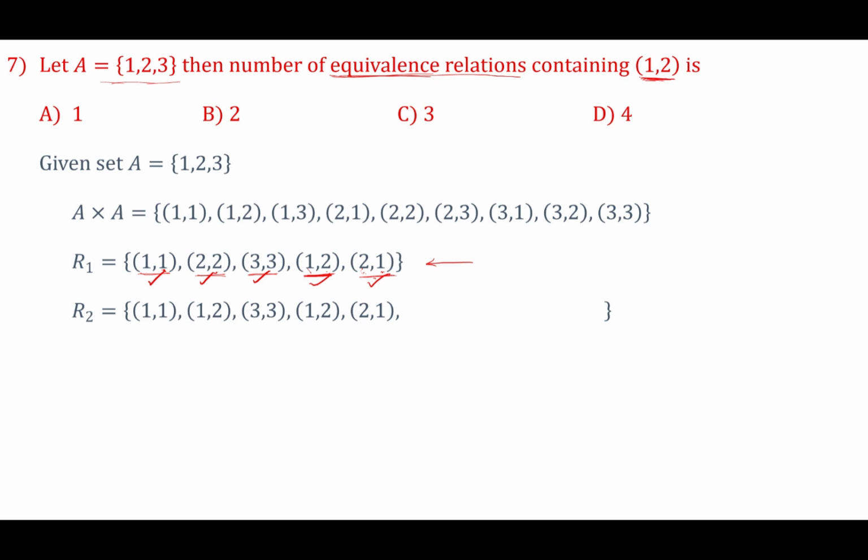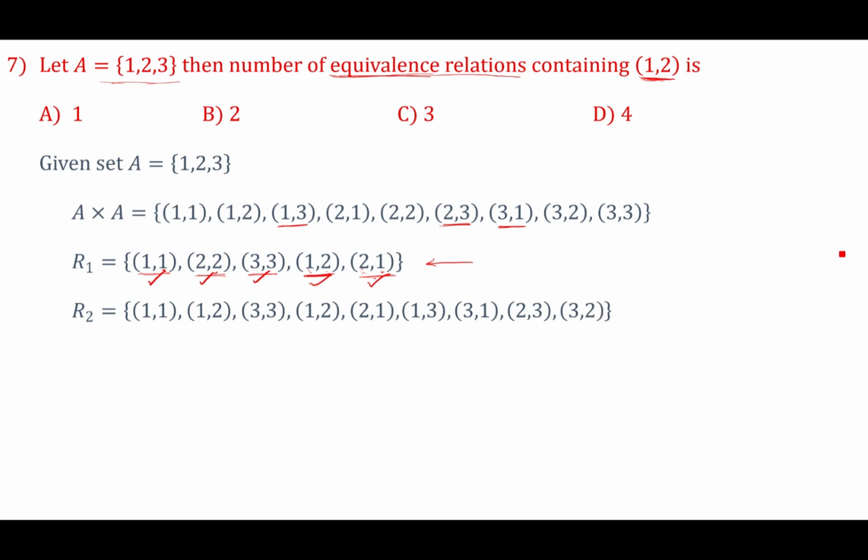Now consider the rest of them, which means I have to take (2,3). If I take (1,3), sorry, I forgot this one. (1,3). To make it symmetric, I have to take (3,1). In this way, I have to take (2,3), and then to make it symmetric, I have to take (3,2).